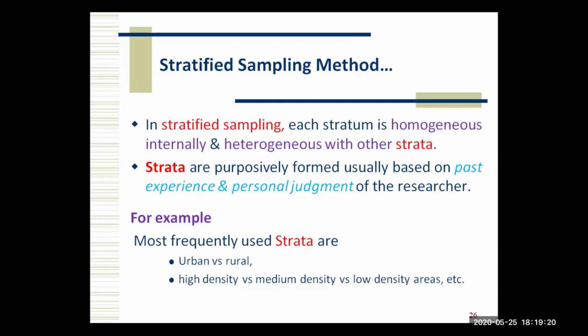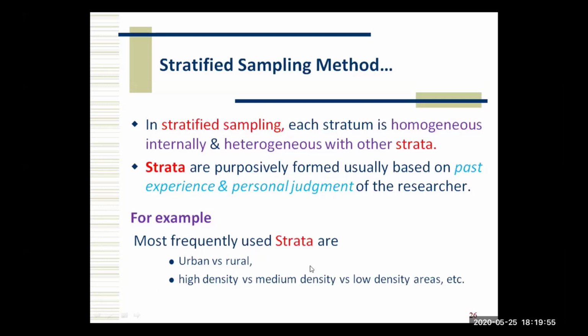For instance, you might use secondary data to form strata, or you might make them by your own specific judgments. Let's say a researcher wants to undertake research, and he might classify urban as one stratum, rural as another.